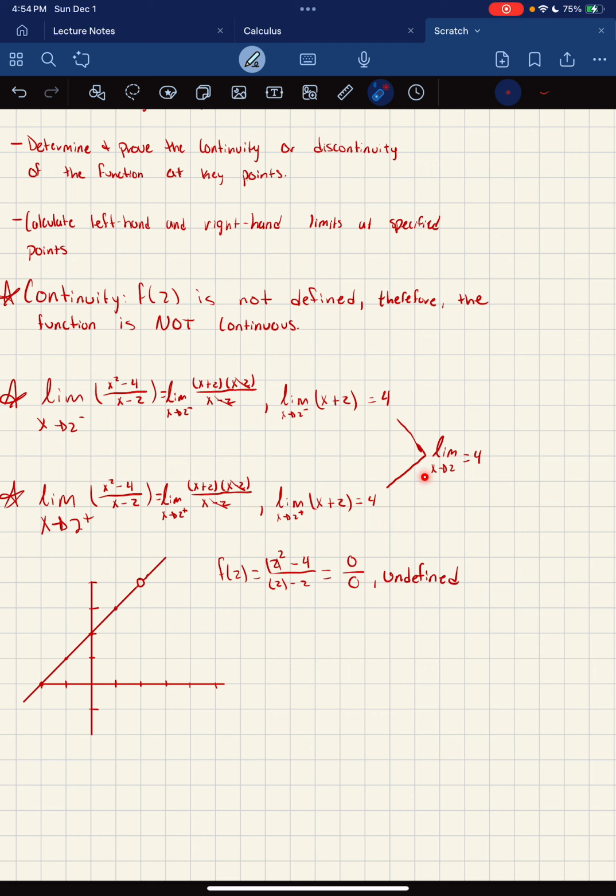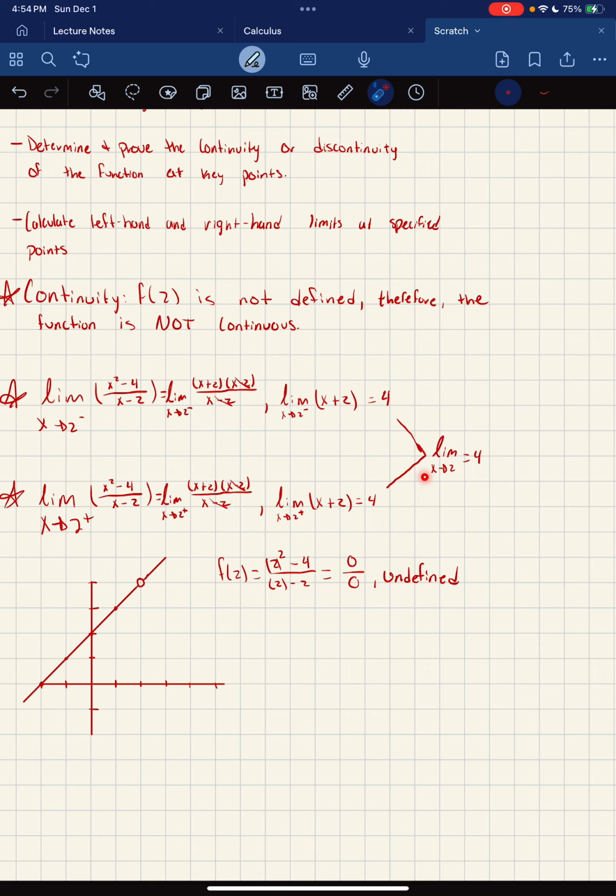Then I did notice that if you separate the squares, you are left with x squared minus 4x plus 4 divided by x squared minus 4x plus 4, which gives you just 1. So my f prime of x is 1, meaning that my f double prime of x would just be 0.